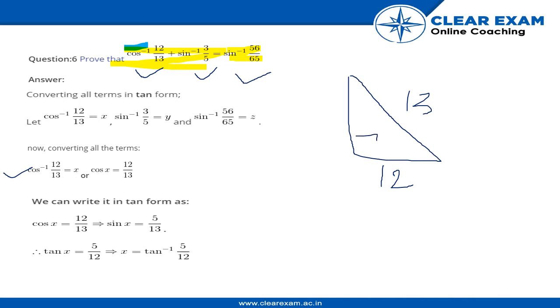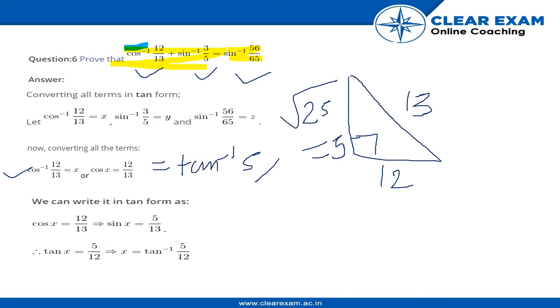Remember, this is a right angle triangle. This is 13, and by Pythagoras theorem this is root of 13 square minus 12 square, that makes it root of 25, which is equal to 5. So we directly get cos inverse 12 by 13 is equal to tan inverse 5 by 12.